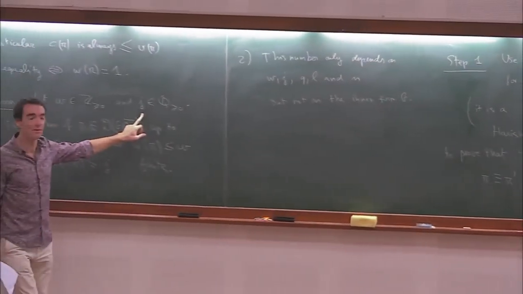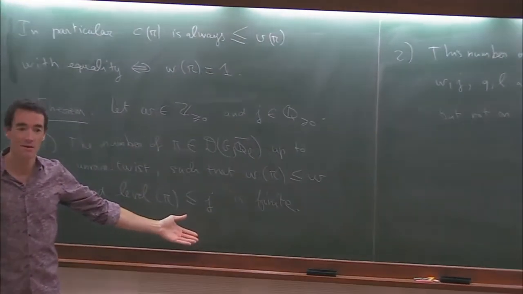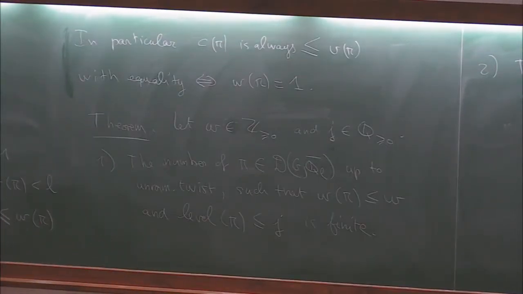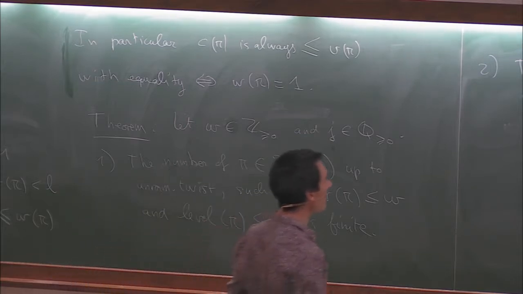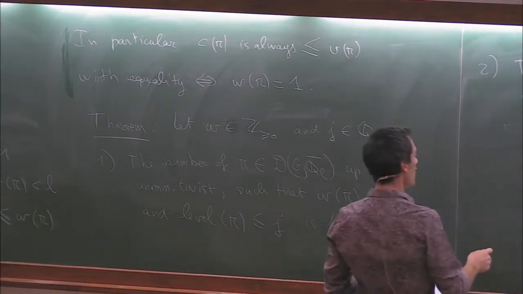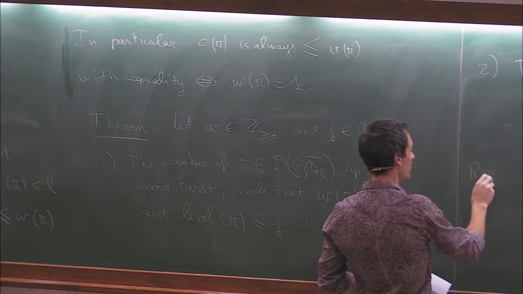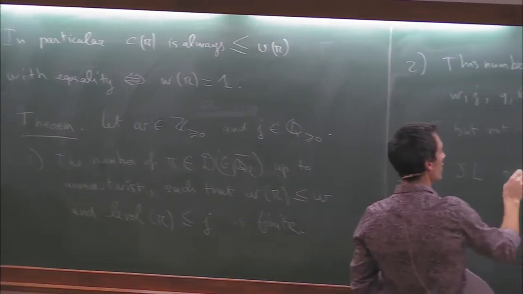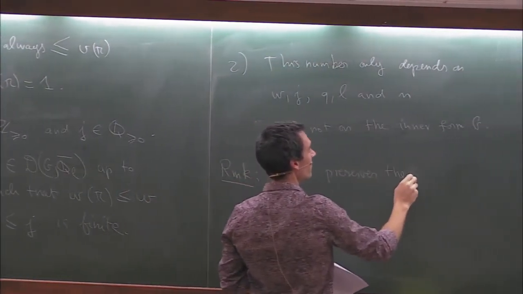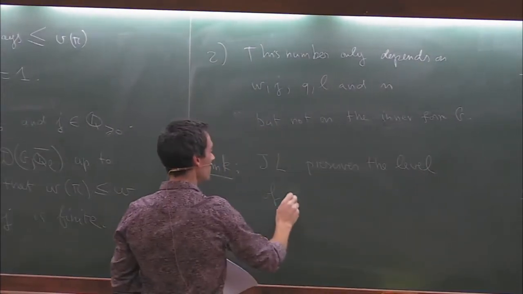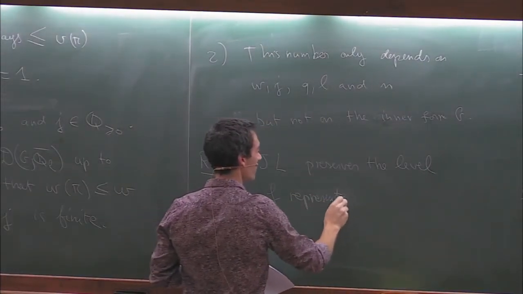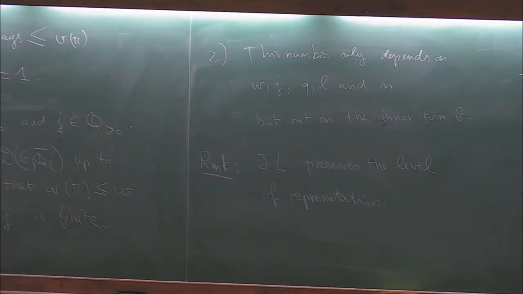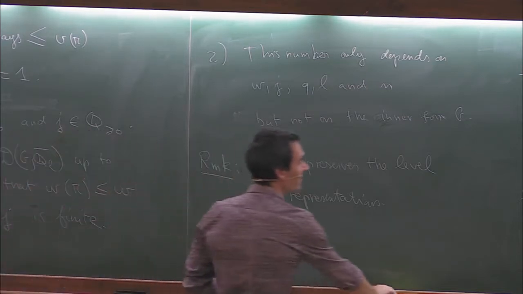It only occurs in order to make this number finite. If you do not put a bound on the level, you will have infinitely many such representations pi. Before I forget to say so, a remark: it is known that the Jacquet-Langlands correspondence preserves the level of representations. So we will be able to control this bound that we put on the level of this representation pi.